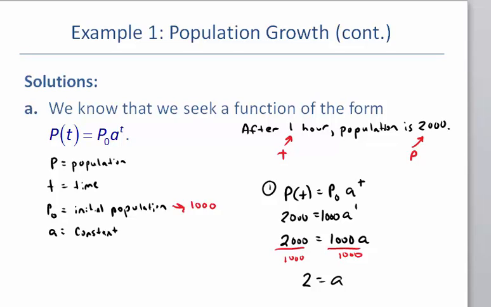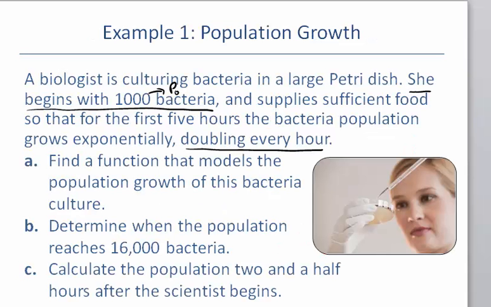So now, if we want our formula, we can come back and plug in P of t is equal to 1,000, and keep in mind the P sub 0 in our formula is always going to be 1,000 for this problem because that is our beginning bacteria.